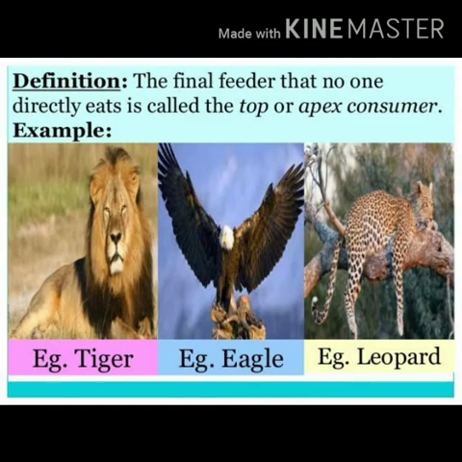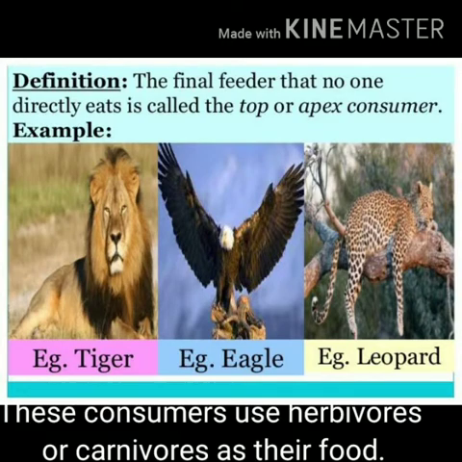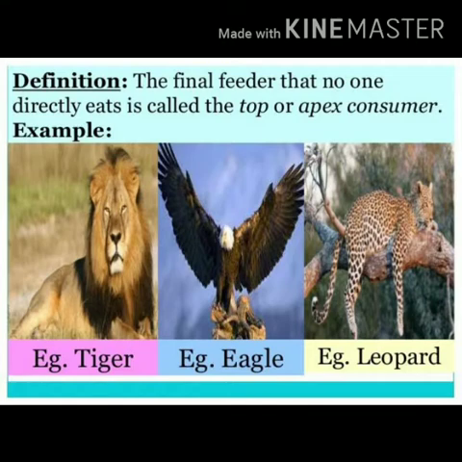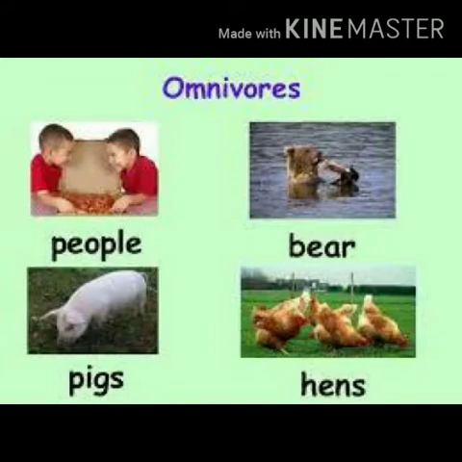Example: tiger, lion, etc. These consumers use herbivorous and carnivorous as their food. No other animals feed on top consumers. And then we have omnivores, mixed consumers. Example: humans, bear, etc. feed on herbivorous and carnivorous.